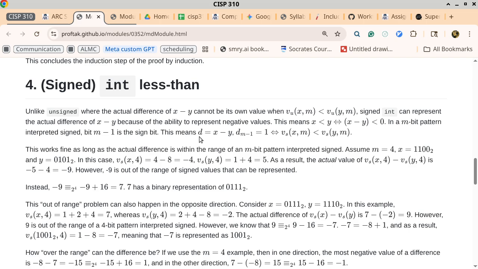The most significant bit, which is bit m minus 1, is the sign bit. That's why it's called the sign bit, because that one single bit will tell us the sign of the value being represented. If the sign bit is a 1, the value is negative. If the sign bit is 0, the value is non-negative.